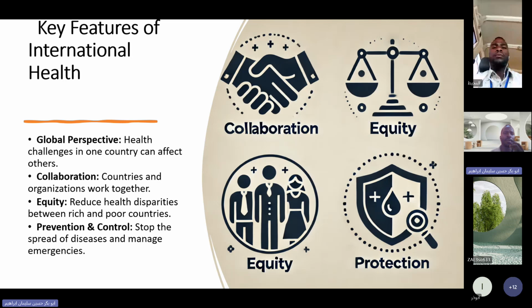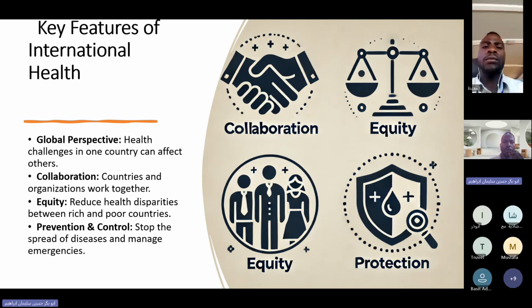Now we can see the key features of international health. One feature of international health is the global perspective. A health challenge in one country can affect others. This is the global perspective. Another key feature of international health is collaboration.